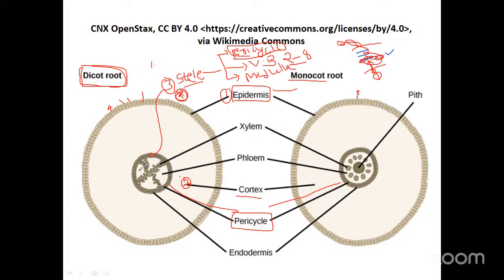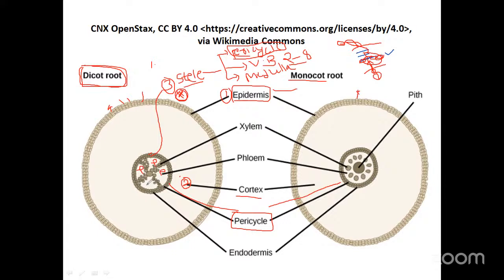So the arrangement is radial. Radial arrangement means this is phloem, this is P for phloem, and this is xylem. This round, zero-like structure is xylem, and again phloem, again xylem, again phloem, and again xylem.